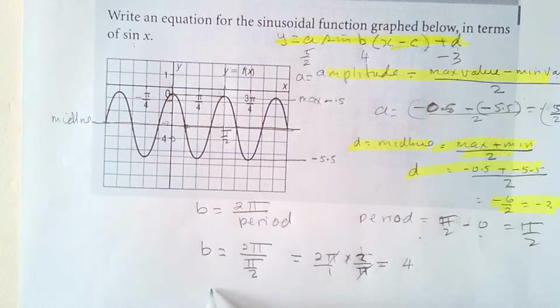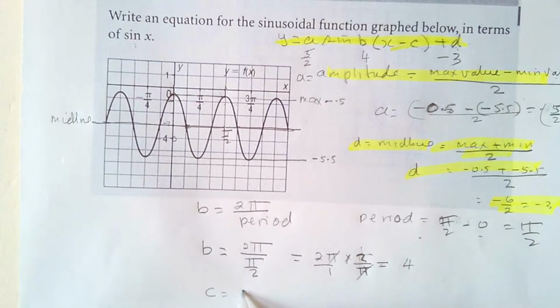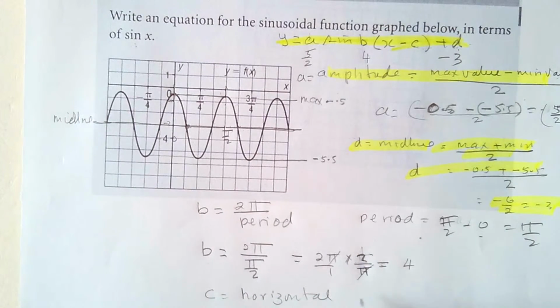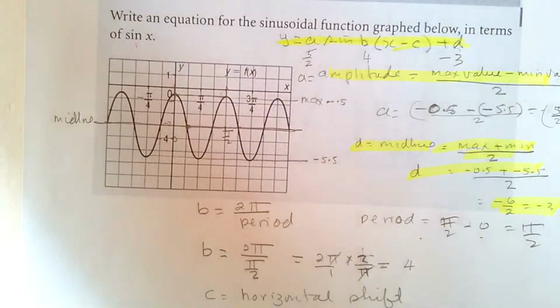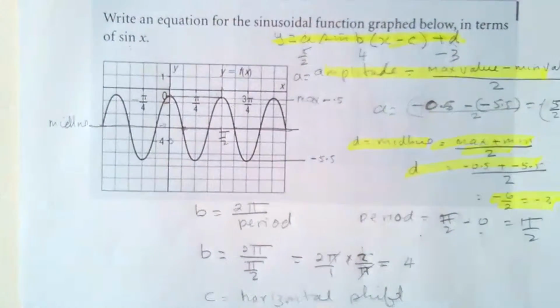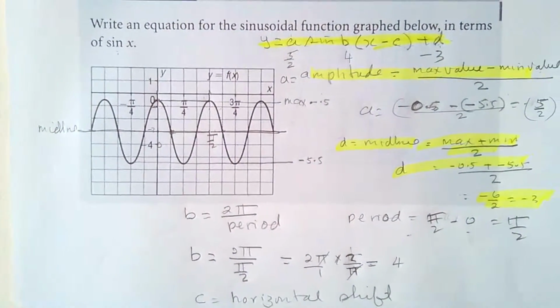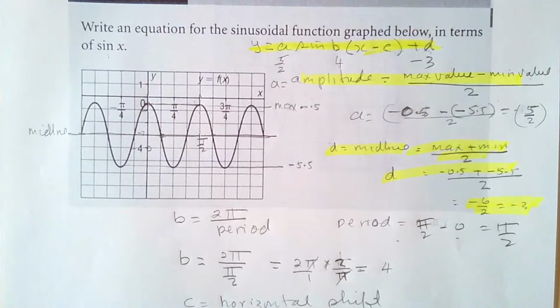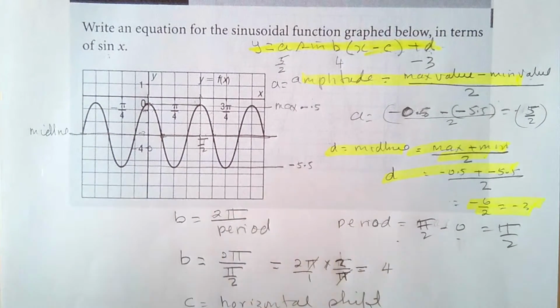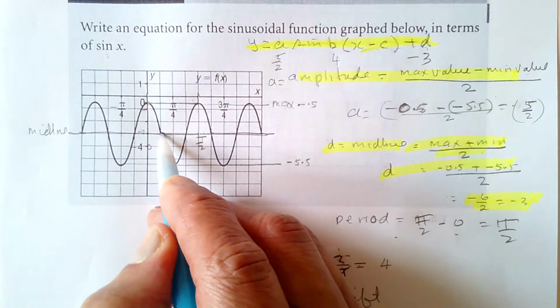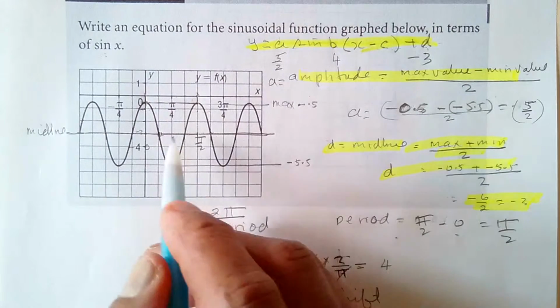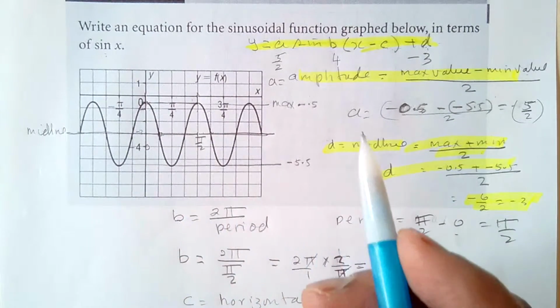Now, the last thing we need to find is your c, your phase shift or horizontal shift. Now, the horizontal shift all depends on where you want to start. So if we're starting from here, we'll have a negative shift.